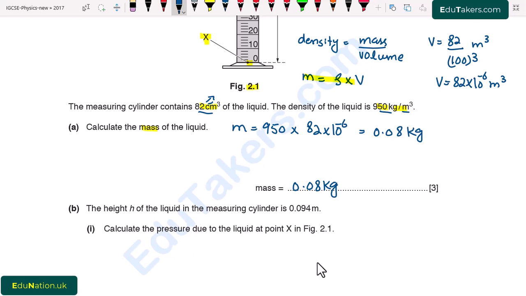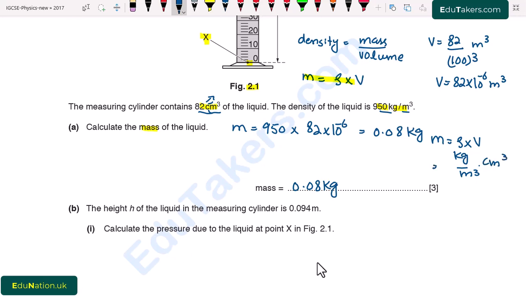So here I will explain why I converted centimeter cube into meter cube. Consider this formula that mass is equal to density and volume, when density is measured in kilogram over meter cube and volume here is in centimeter cube.